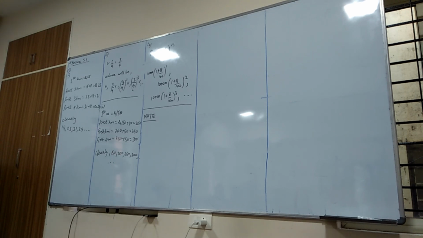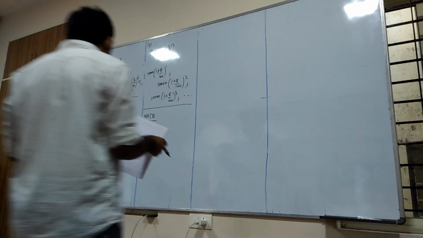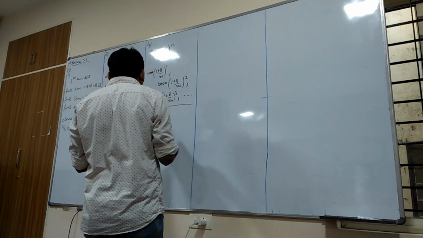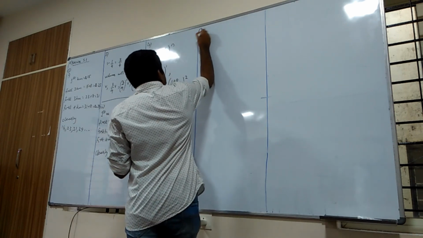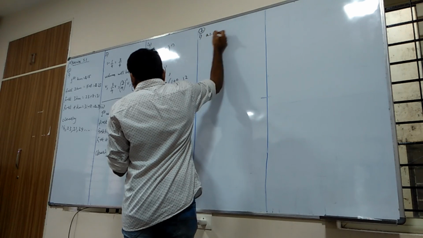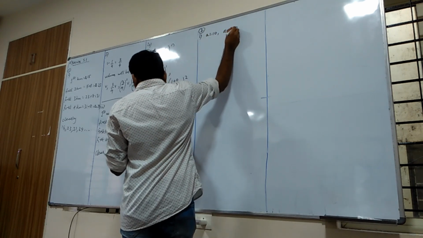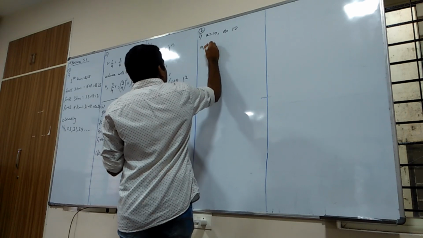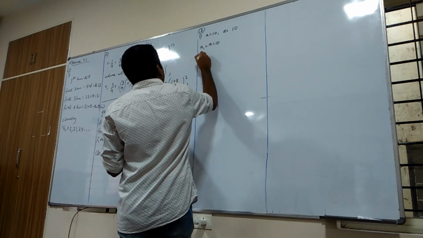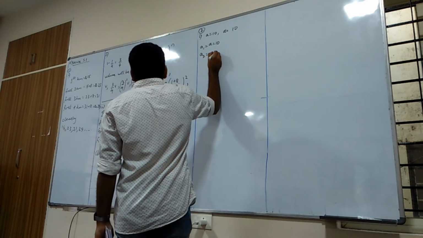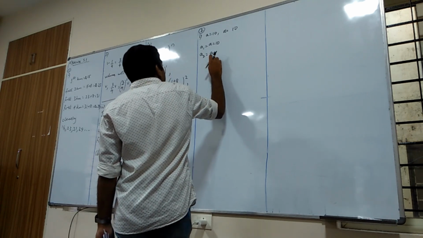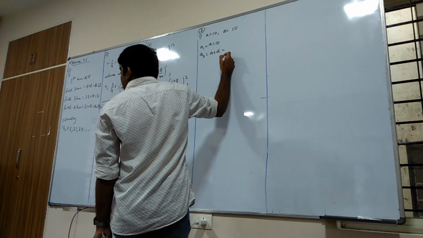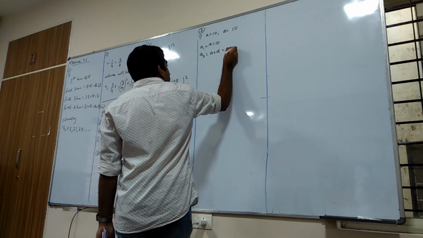Next, come to the second bit. Write the first four terms of the AP when the first term a and the common difference d are given as follows. a is 10, d is 10. A1 is equal to a, which is 10. A2 is a plus d, 10 plus 10, 20.